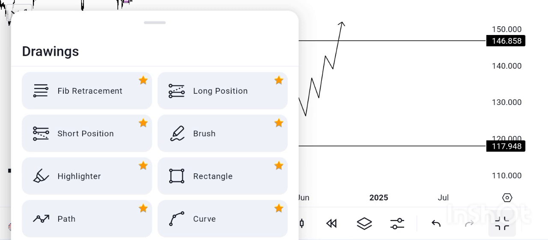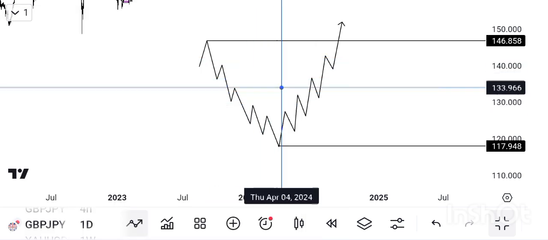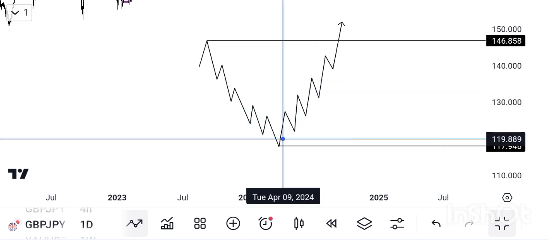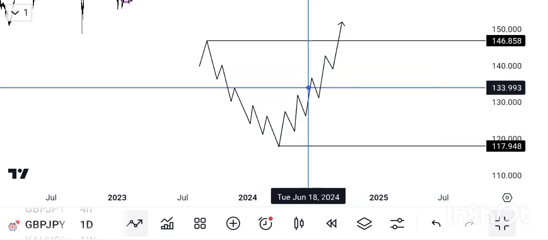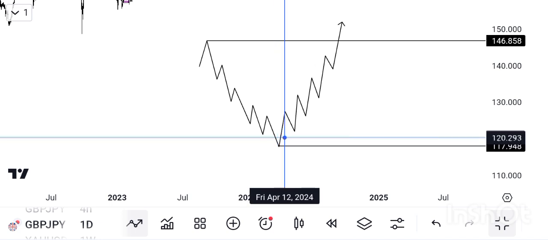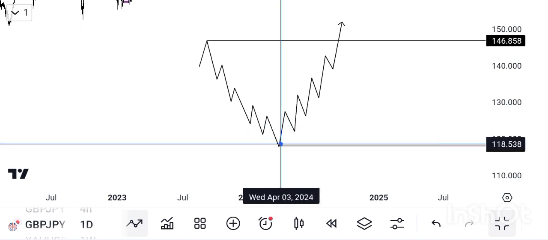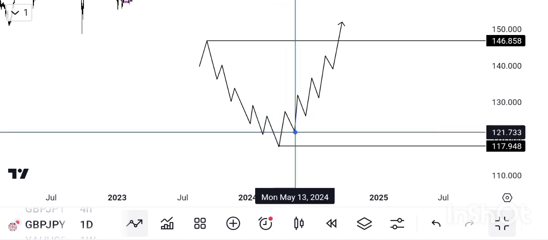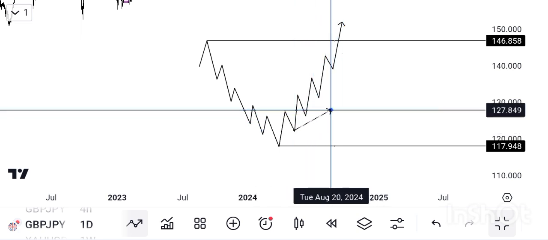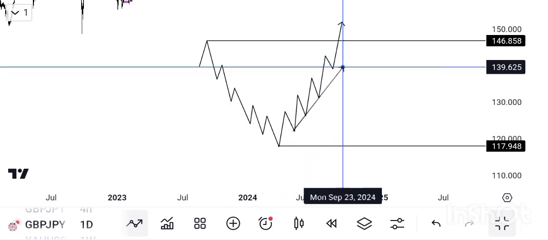If you are talking about the internal liquidity, they are liquidity that operates inside the external liquidity. You can see after price generates this external liquidity, price started creating some sort of liquidity.